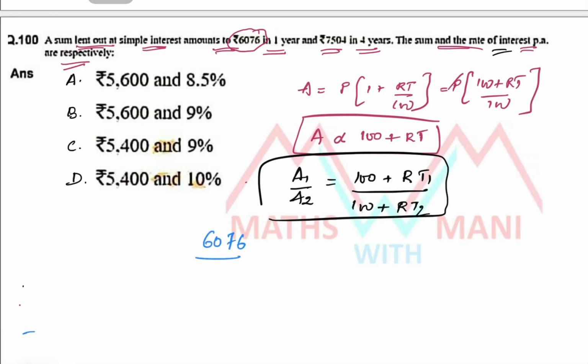What about A2? That is 7504. Then 100 plus T1 is 1 and T2 is 4. 1 into R and 100 plus 4 into R. Okay, so now observe this. 6076 divided by 7504. So please observe here.